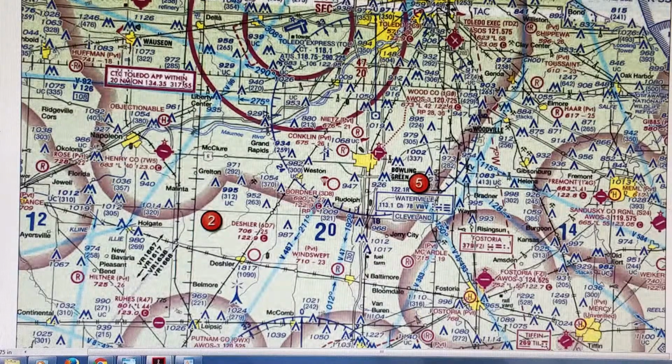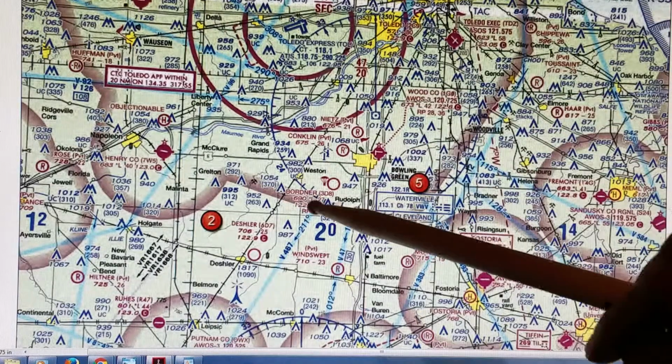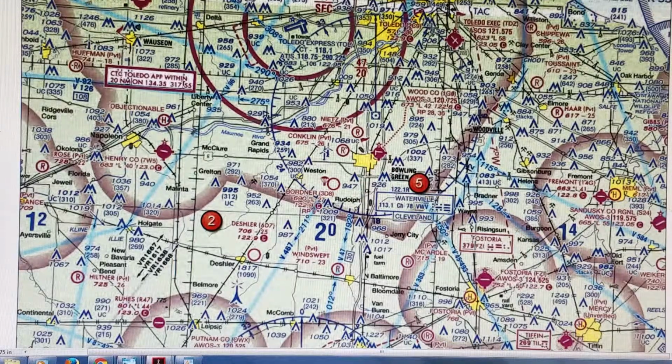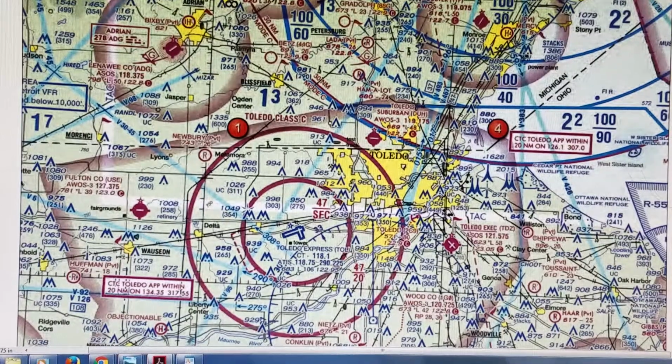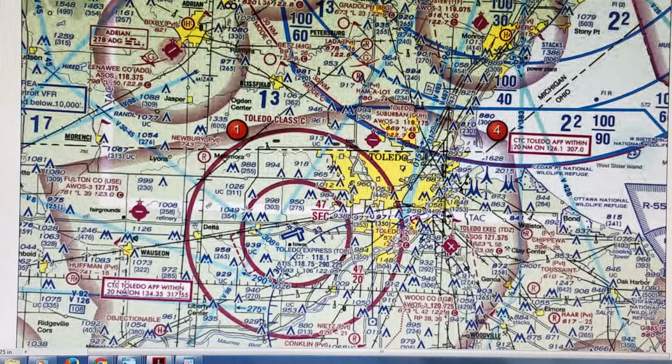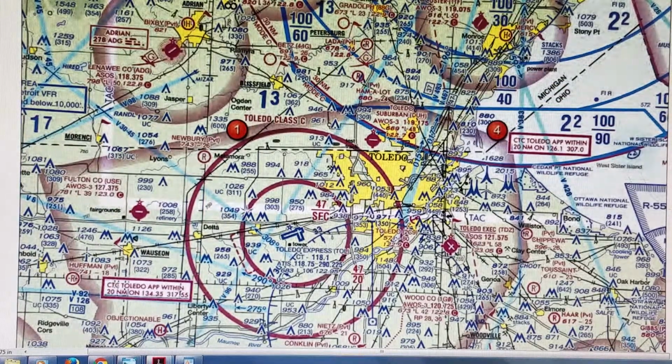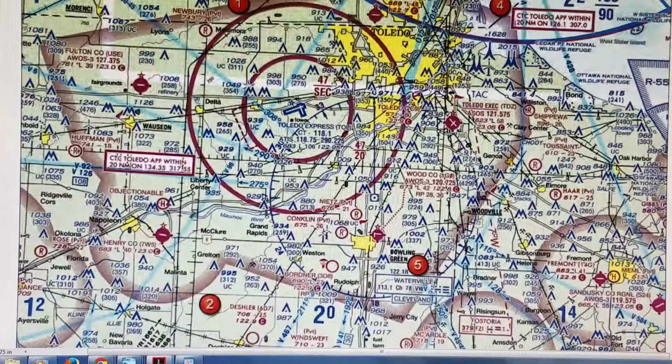And look at this. I can show you the parachute over here, and again, that's another symbol to go by. Okay, so we got the C with the background, common traffic advisory frequency, and then we got a glider over here that takes care of that.